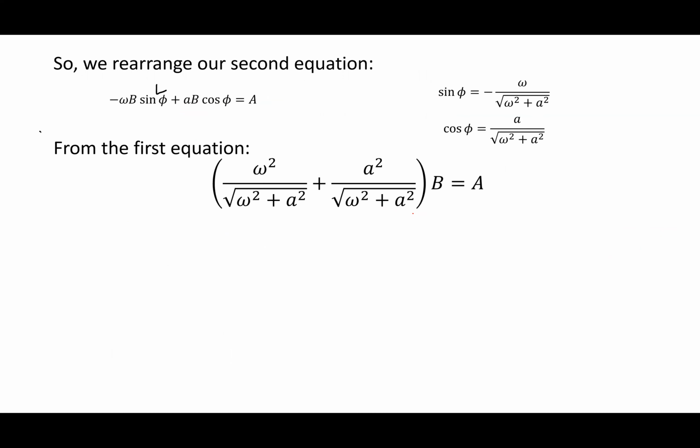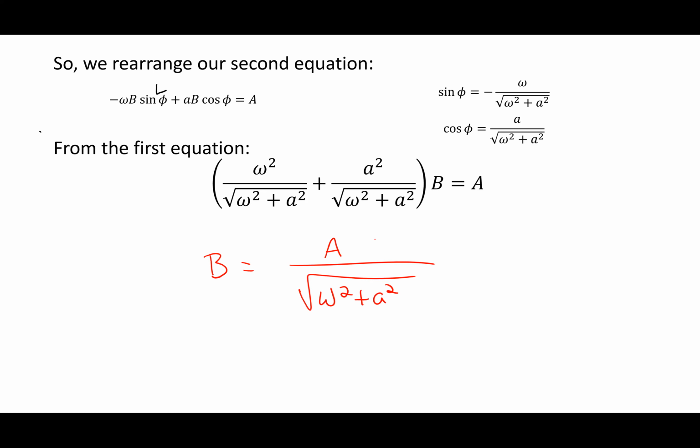And by the time I get through this whole thing, which I don't really want to spend time going through, what I end up with is that B equals A over the square root of omega squared plus A squared.